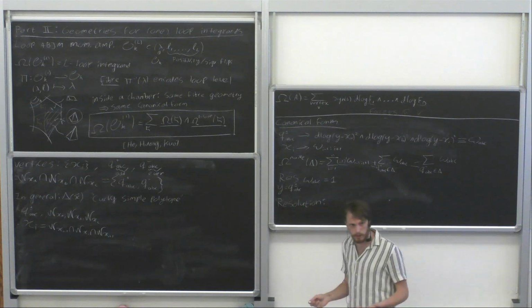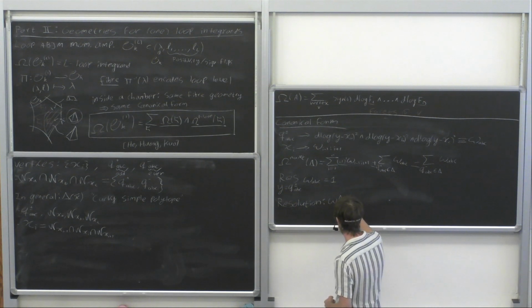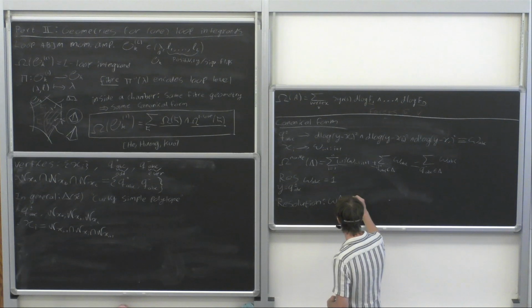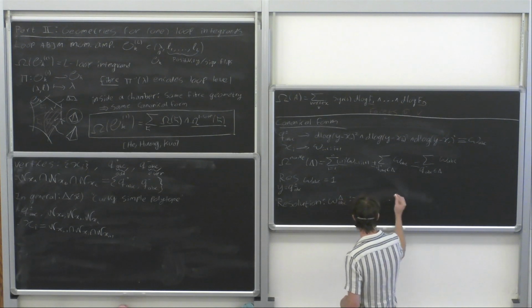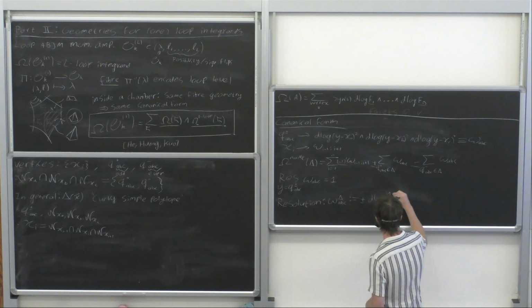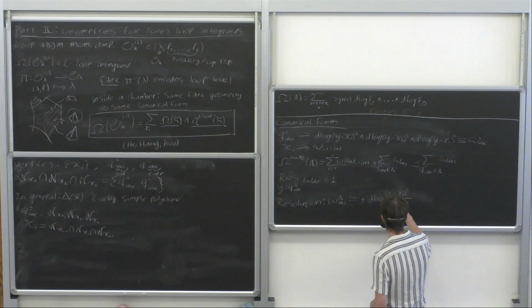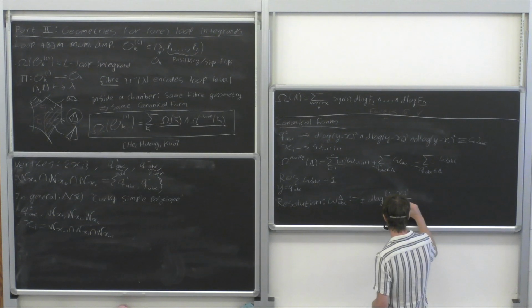So the resolution to this problem is to introduce triangle integrands, omega triangle ABC, which I define as plus minus the d log of y minus xa squared over y minus q plus minus ABC squared.